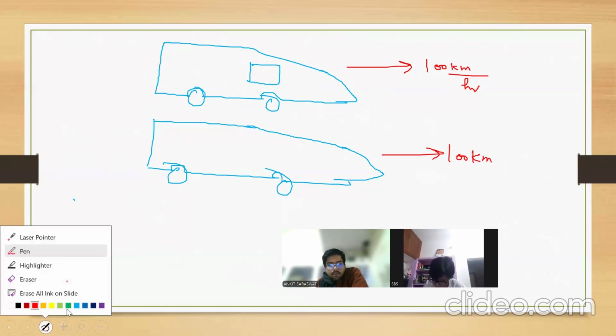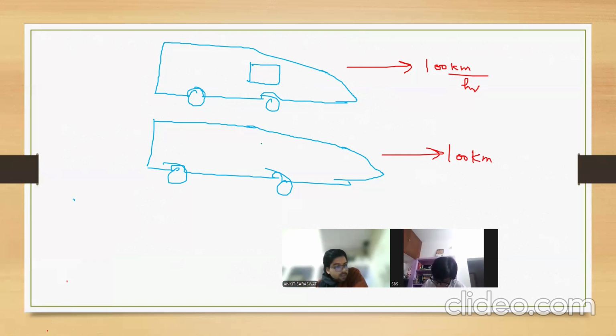Let us suppose the driver of this car is A, and the driver of this car is B.